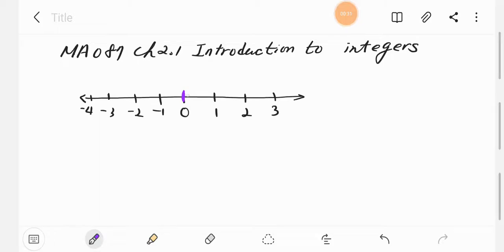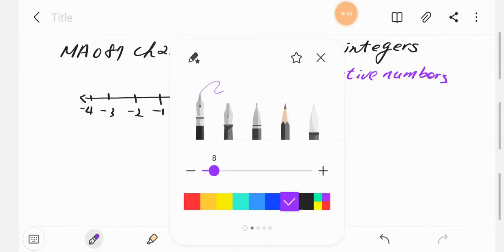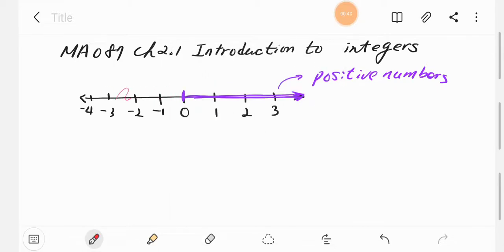Starting from here, all the way to the right, these numbers are called positive numbers. And the numbers to the left of 0 are called negative numbers.